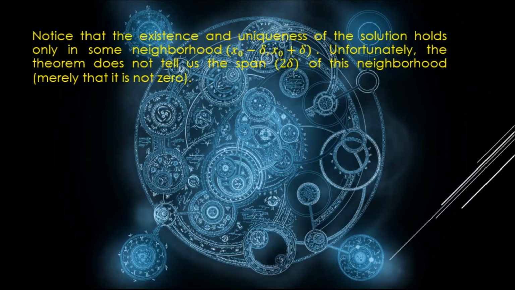Notice that the existence and uniqueness of the solution holds only in some neighborhood x of 0 minus delta to x of 0 plus delta. Unfortunately, the theorem does not tell us the span or 2 delta of this neighborhood, that is merely not 0.